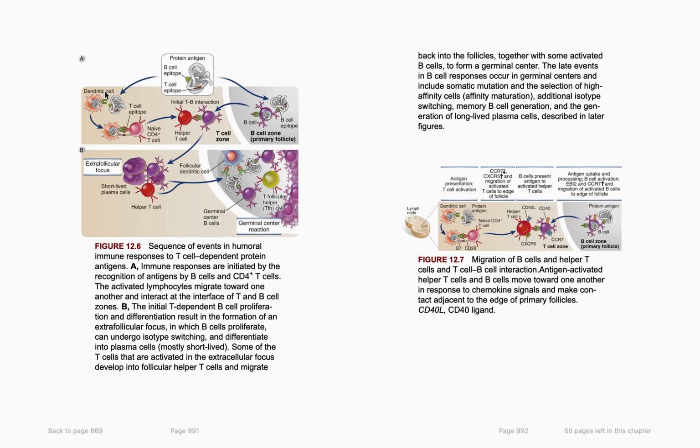We see we have the dendritic cell on the other side, then the T cell epitope, and the naive T cell is activated. They work together, it is activated already, and initiate the T-B interaction. Now that it is activated, as we are told, it loses some important expression like CCR7, so it comes away.